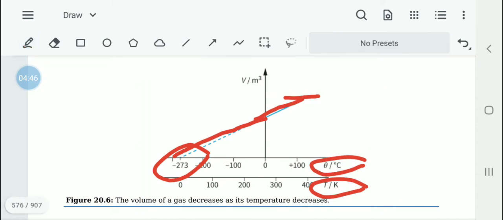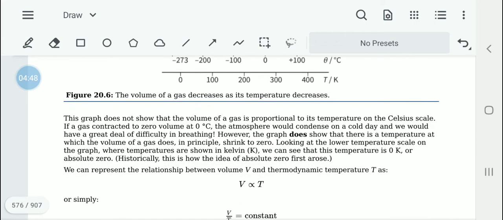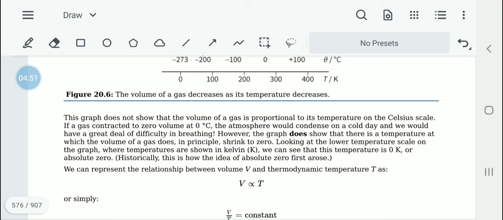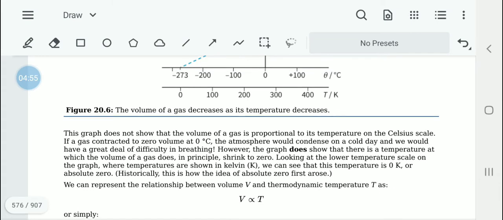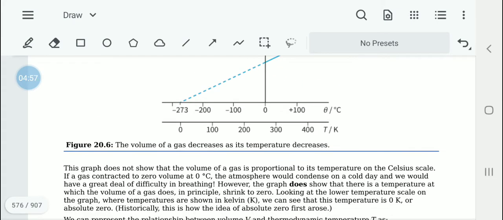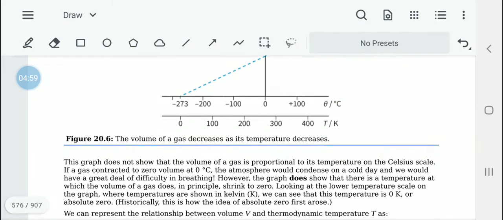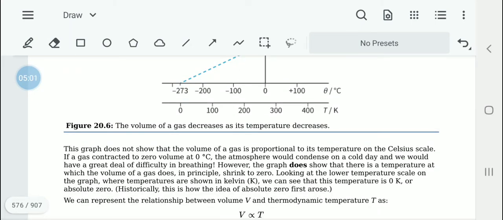Moving on, this graph does not show that the volume of a gas is proportional to its temperature on the Celsius scale, right? If a gas contracted to 0 volume at 0 Celsius, the atmosphere would condense on a cold day and we would have a great deal of difficulty in breathing, right?